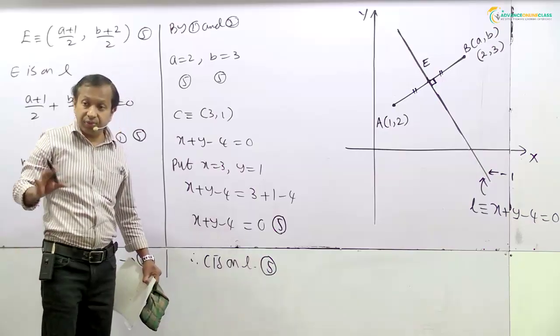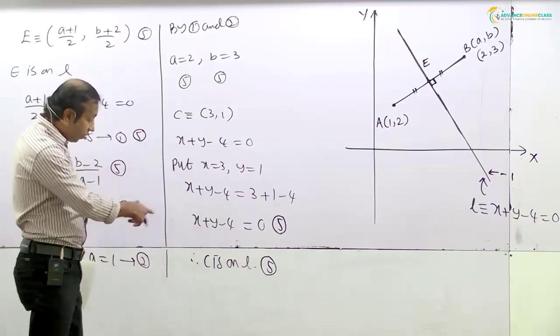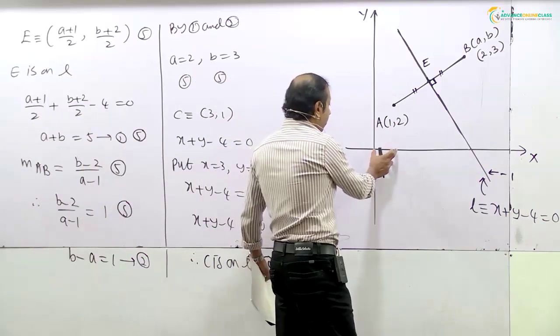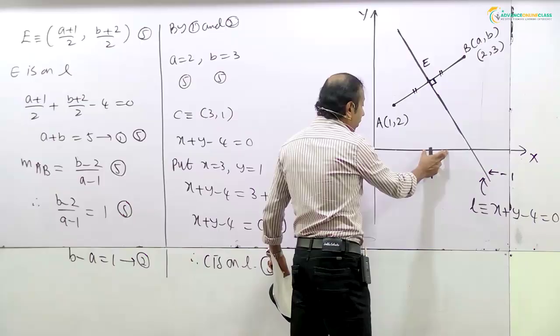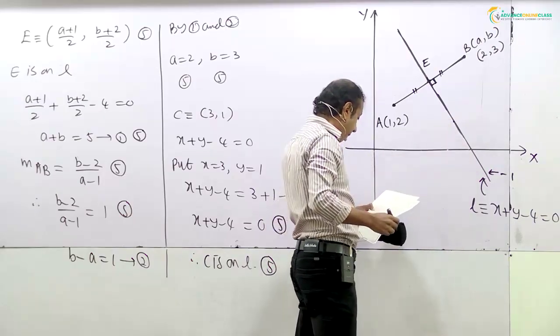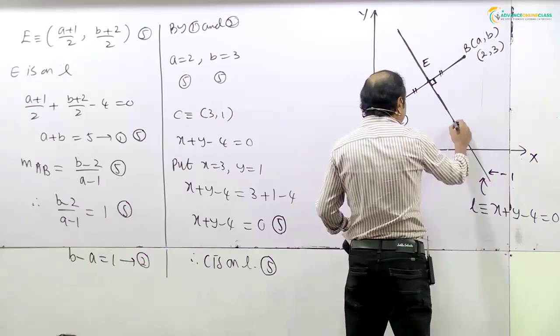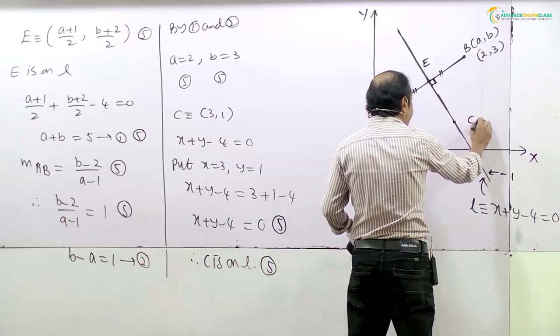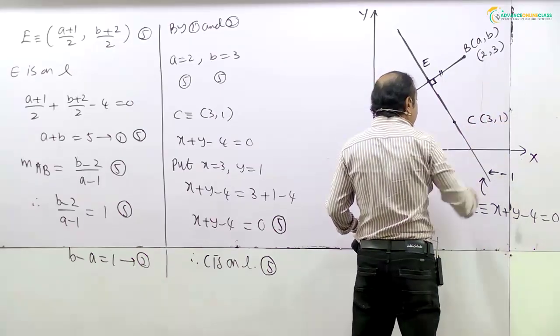You are now answering a paper, so you must write it this way. C is here then, (3, 1), somewhere here.